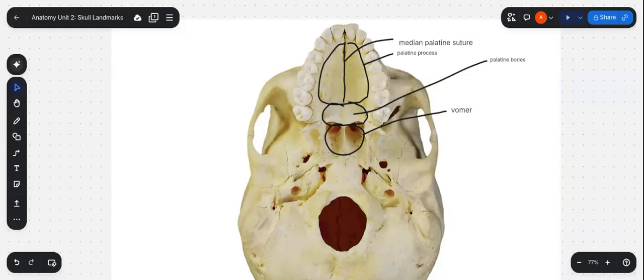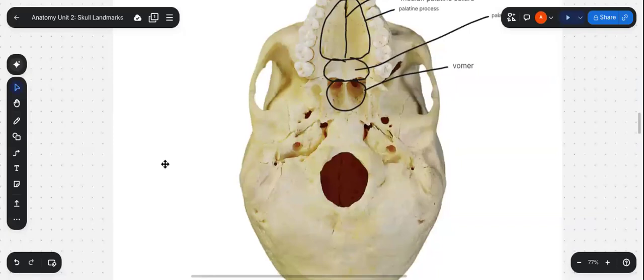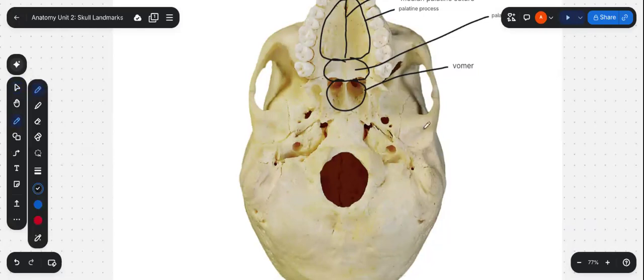Then the mandibular fossa. The mandibular fossa is where your mandible is able to sit within your skull. So right over here, that is an example of where your mandibular fossa would be.